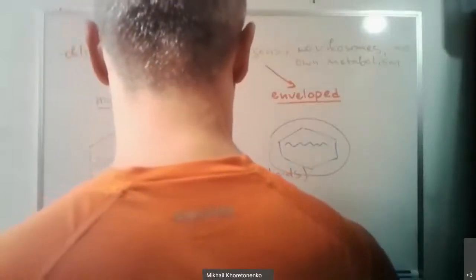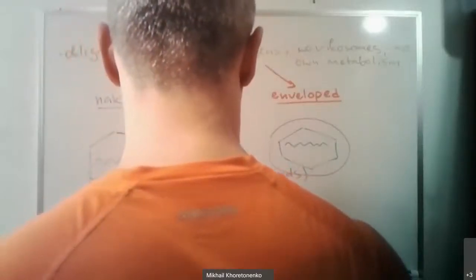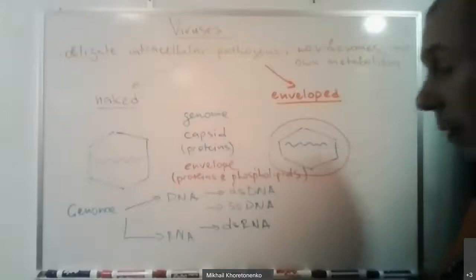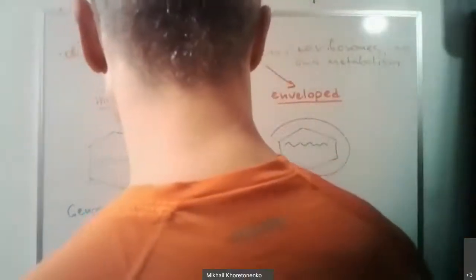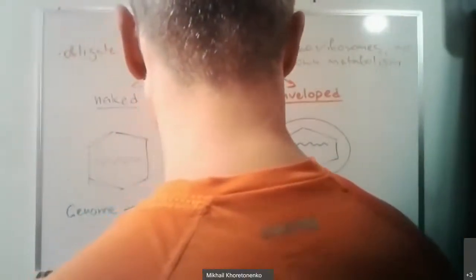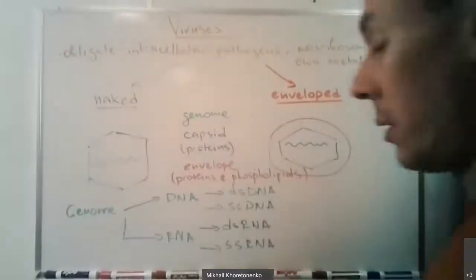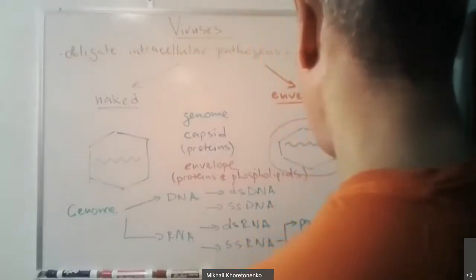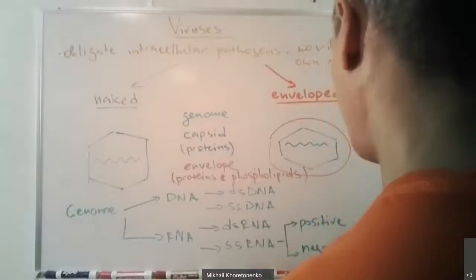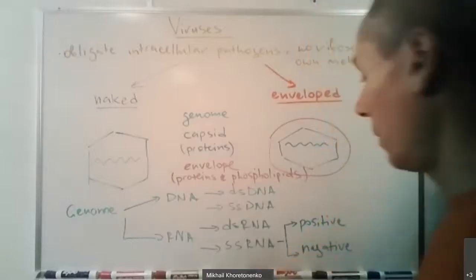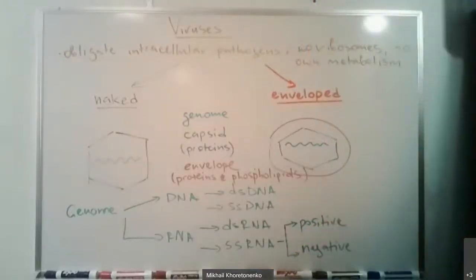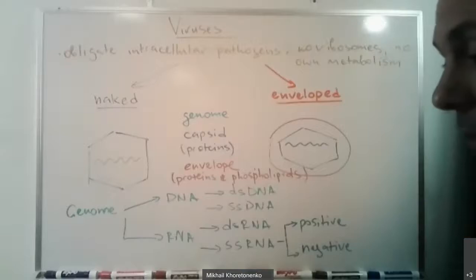They can be double-stranded RNA genome, like rotavirus, or single-stranded RNA genome. And within the single-stranded RNA, there is a further breakdown. Single-stranded RNA can be positive and negative. So this concept requires some further explanation.